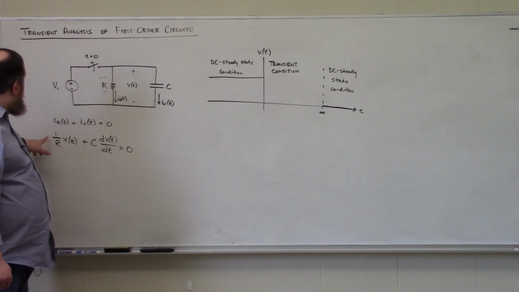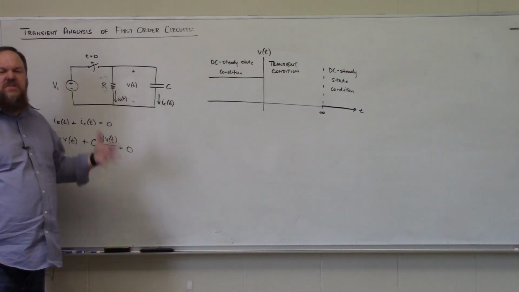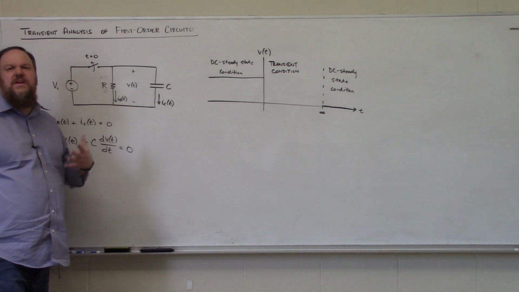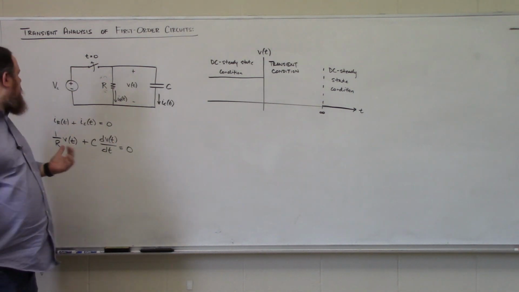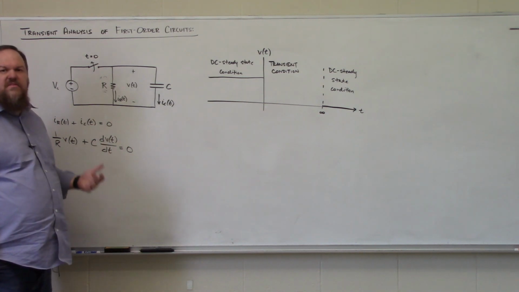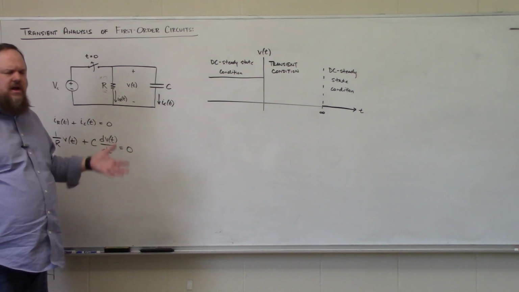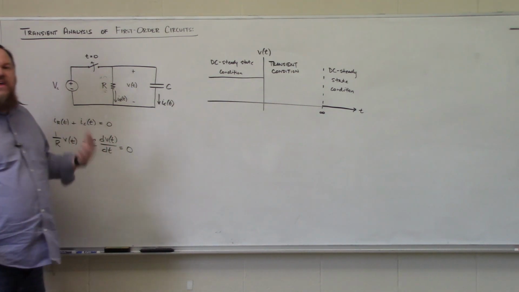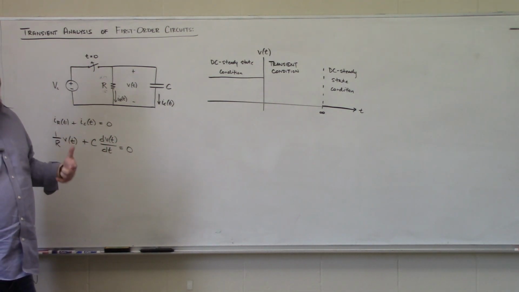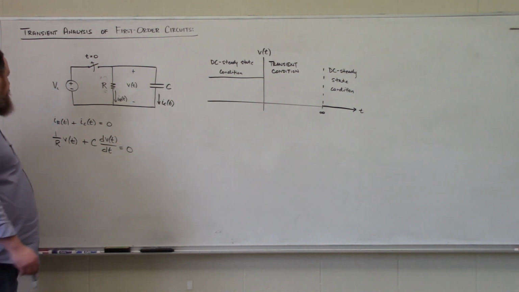So we have some coefficient multiplied by a function plus some coefficient multiplied by the derivative of the function is equal to 0. So our requirements here really are that V of t and the derivative of V of t need to be effectively identical functions. And the only mathematical type of function that satisfies that condition is an exponential function.